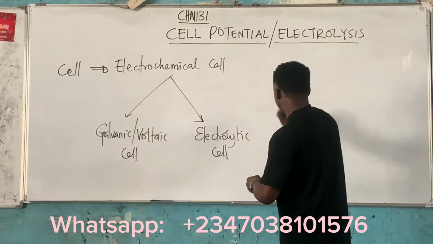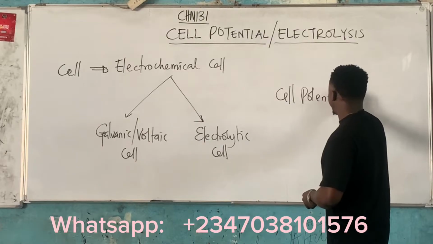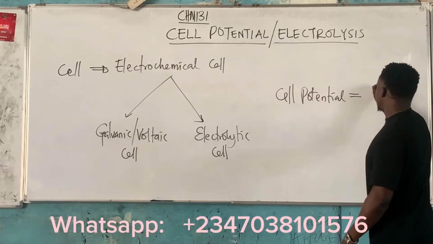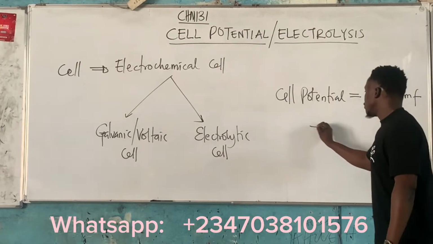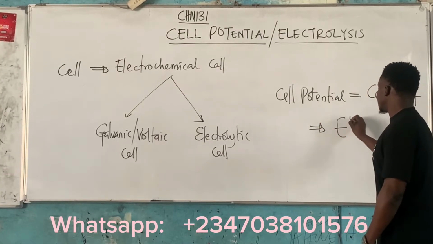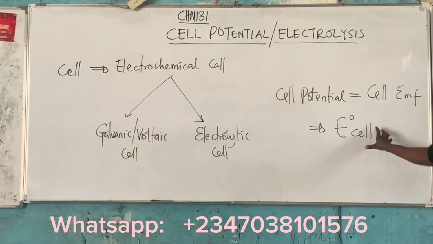This cell potential can also be called cell EMF, which can also be written as E cell. Most of the time you may be asked to solve for E naught cell. This is cell potential. It's also called cell EMF.